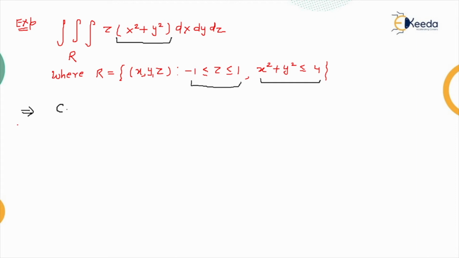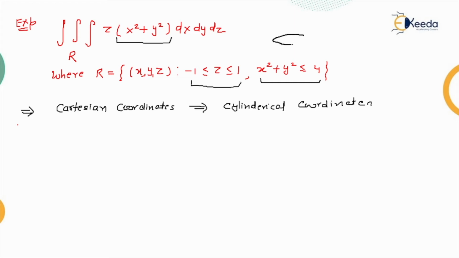I will change this Cartesian coordinate to cylindrical coordinates. I hope everybody can understand why I'm taking cylindrical coordinates and why I haven't taken spherical coordinates. You know what this is? This is a circle's equation, x square plus y square is equal to 4.